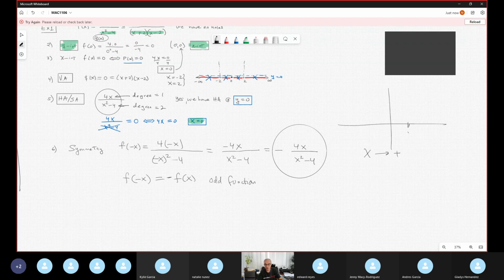For example, if you take an arbitrary positive x and the answer is a positive number, when you take negative x, you get the reflection, the same y value with opposite sign. You dedicate your time doing the different points in the positive part, because I know that the negative part has the same y value with the opposite sign, and there is no need to compute again. This is the importance of the symmetry.